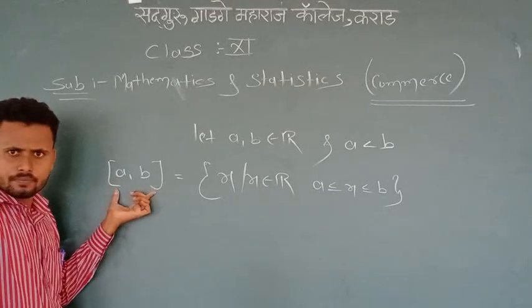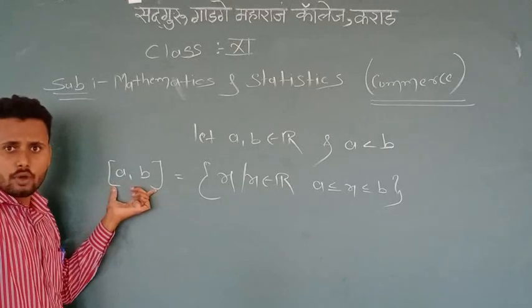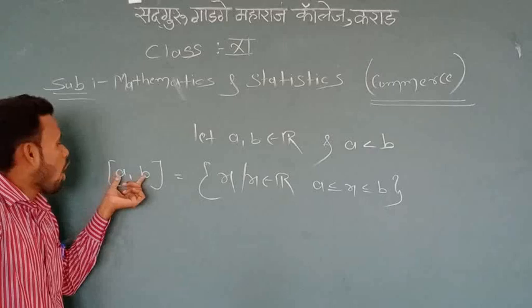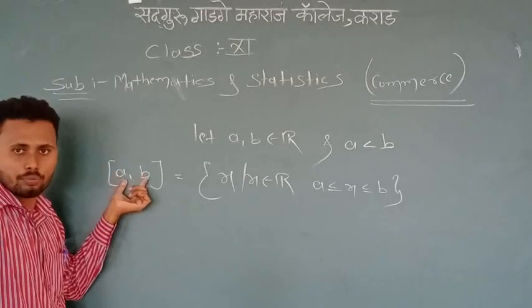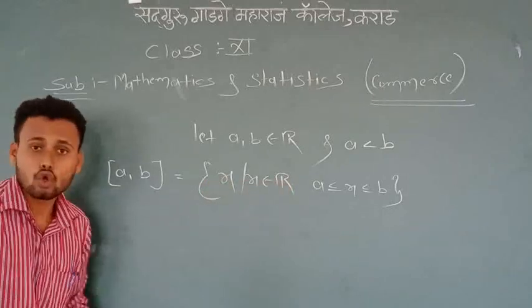Closed interval means in that set which points will come? This a is also included, b is also included, and all the points which lie between a and b. That's why it is a closed interval.